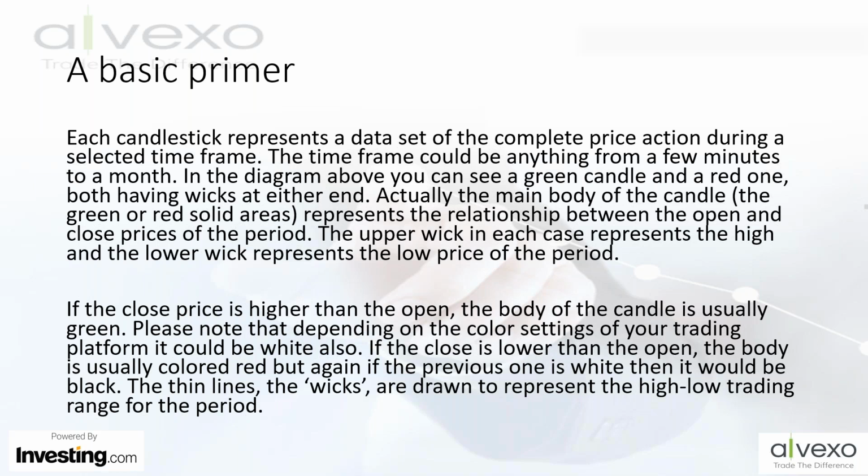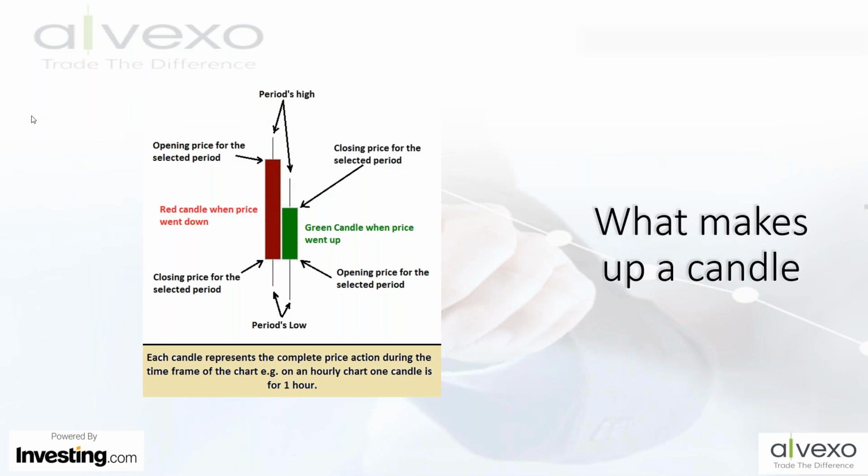So if you're looking at a 1-hour chart, that means the open, the high, the low, and the close for that 1 hour is placed on the chart. If you're looking at a bar chart, it's the open, the high, the low, and the close for that 1 hour. If you're looking at a line chart, it's the dot at the close for the 1 hour. The Japanese candlestick also represents the open, the high, the low, and the close for that 1 hour.